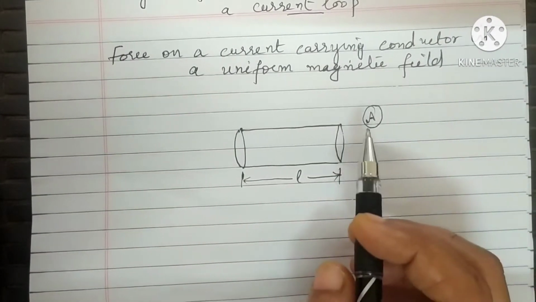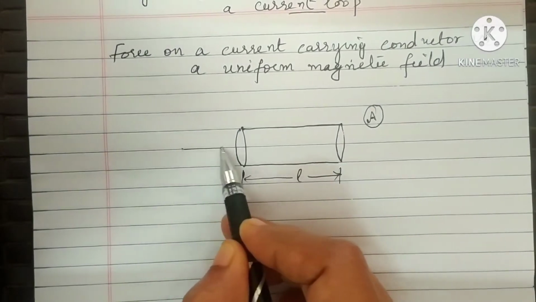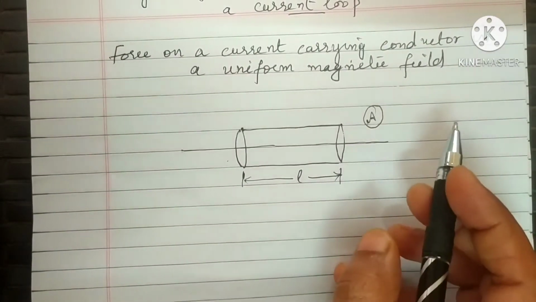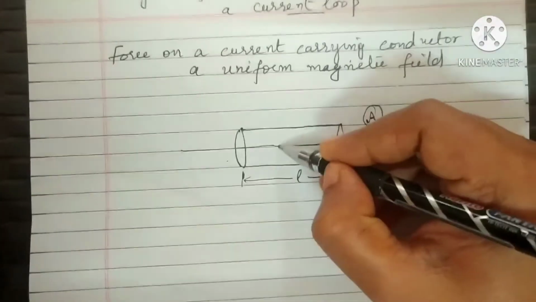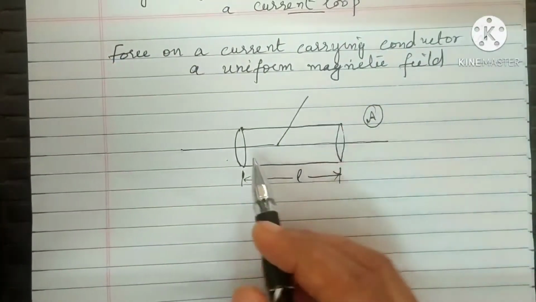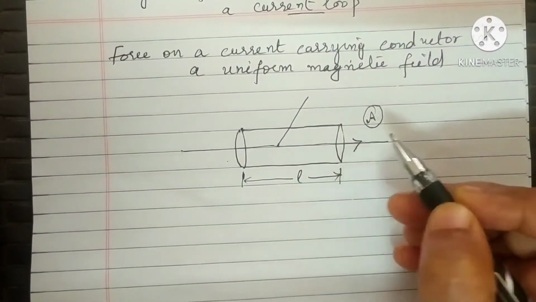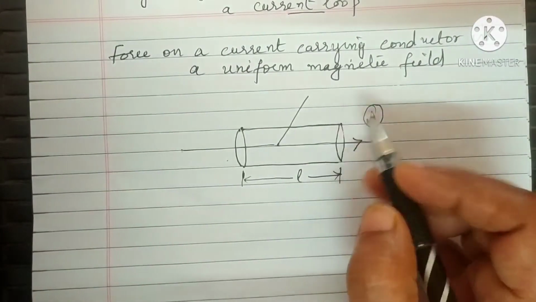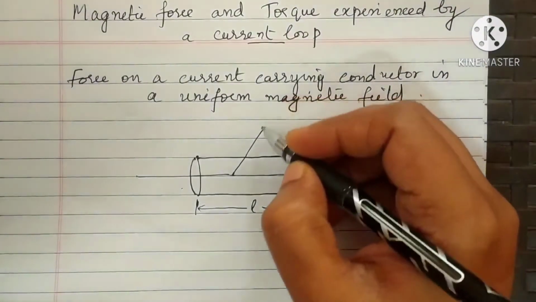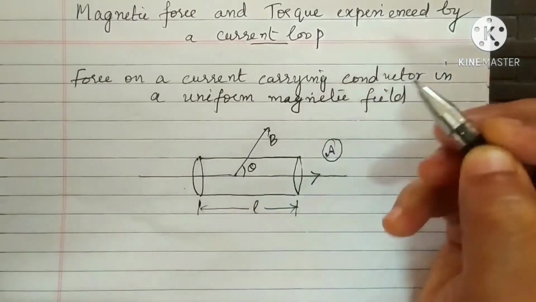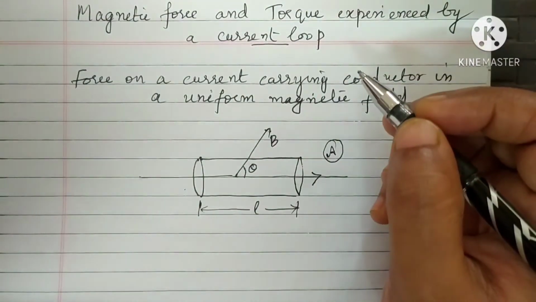Clear? Now here you can consider the magnetic field which is making an angle theta with the axis. That means this is actually the direction of velocity of the electrons. So this is the direction of magnetic field which is making an angle theta here. Clear?